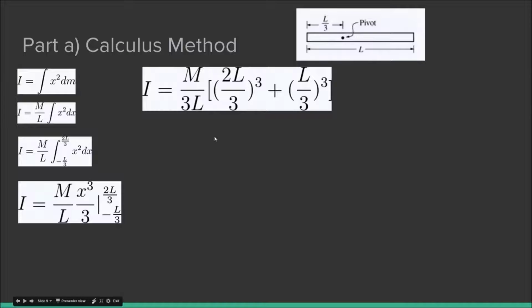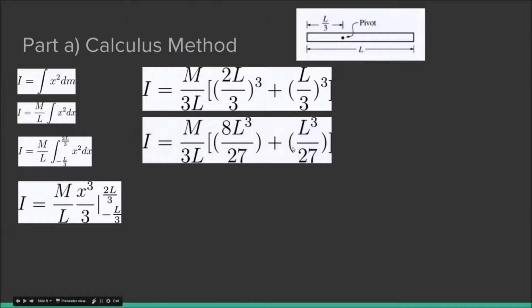So what I've done here is I've separated out the x cubed from the m over L and from this 3 in the denominator, and I've just made this constant m over 3L. Now inside our brackets, we're going to plug in our 2L over 3 for x and our negative L over 3 for x, which will give us 2L over 3 cubed plus L over 3 cubed.